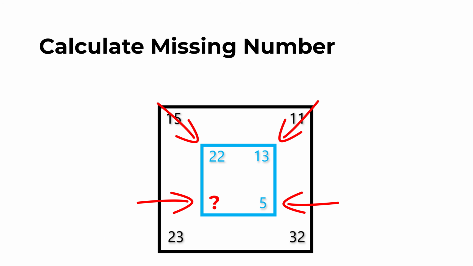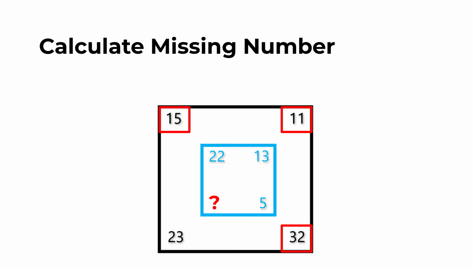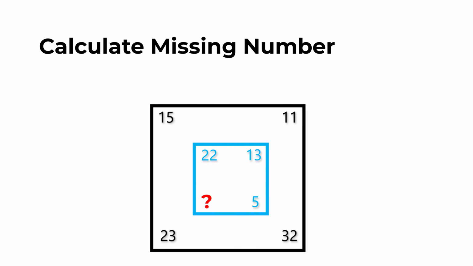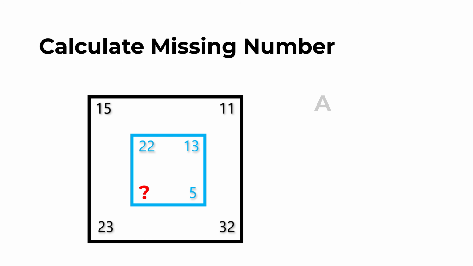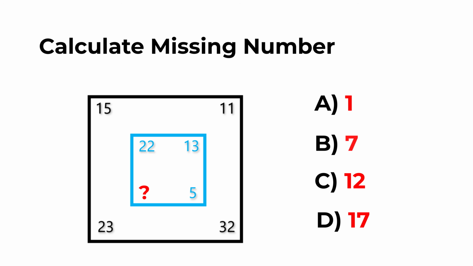If we start looking at the numbers in the upper left corner and go clockwise, you see the numbers 15, 11, 32, and 23. In the smaller square, the numbers are 22, 13, and 5. And one number is missing. And this is the one that you need to calculate. Your choices are choice A, 1, choice B, 7, choice C, 12, choice D, 17.